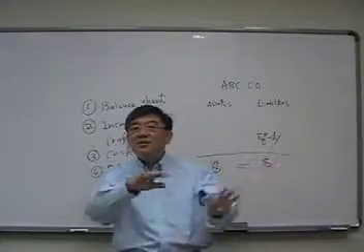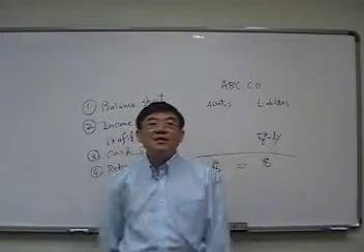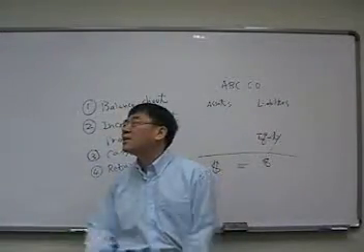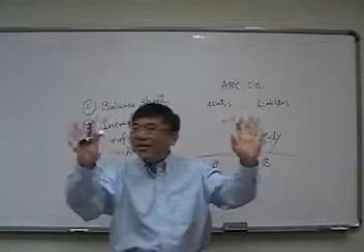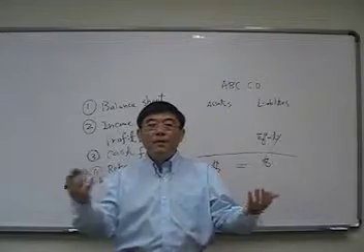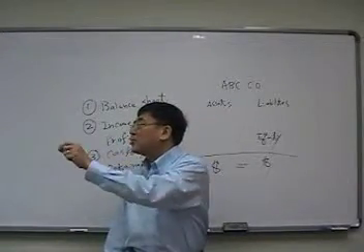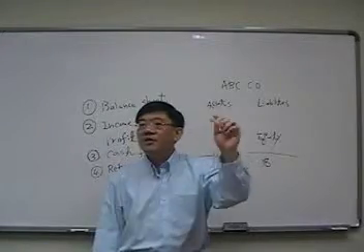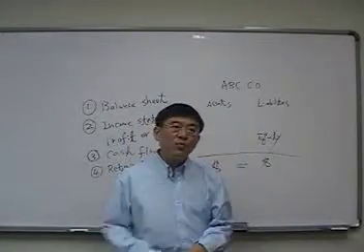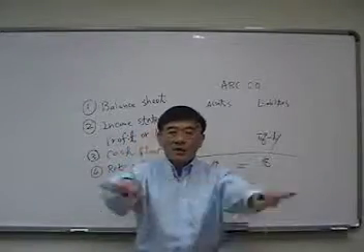ABC company just sold 1,000 value merchandise to XYZ, but the payment term is 30 days. How many accounts are affected here? So one by one. My suggestion: every time you read a question or information, if this information involves cash, we always pick up cash first. Then make the other list.